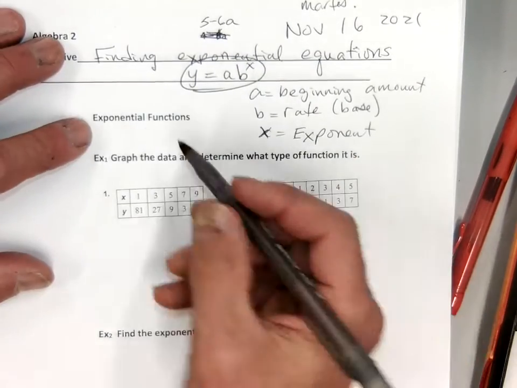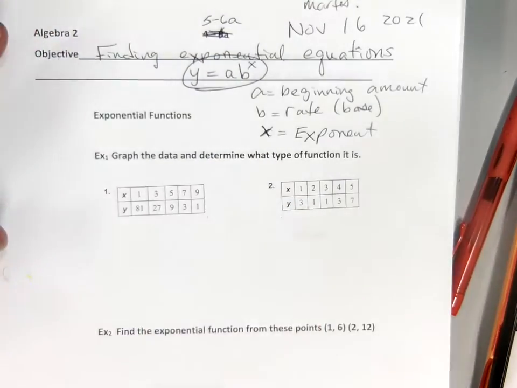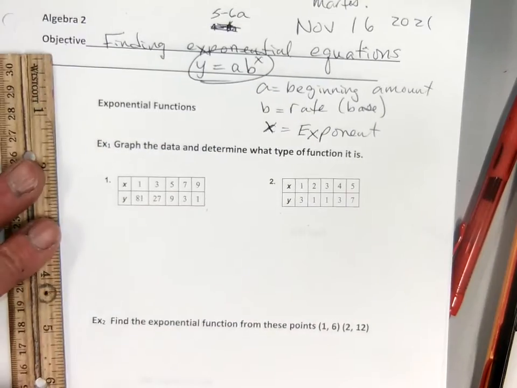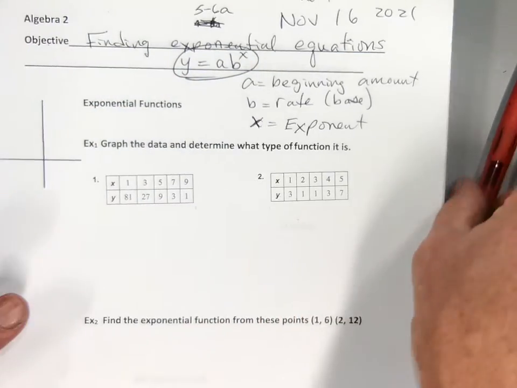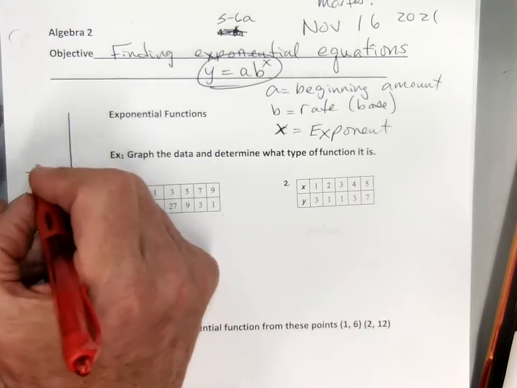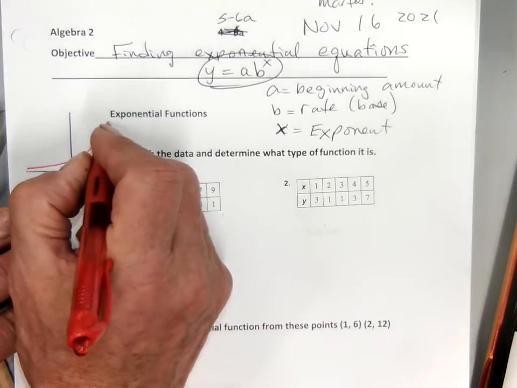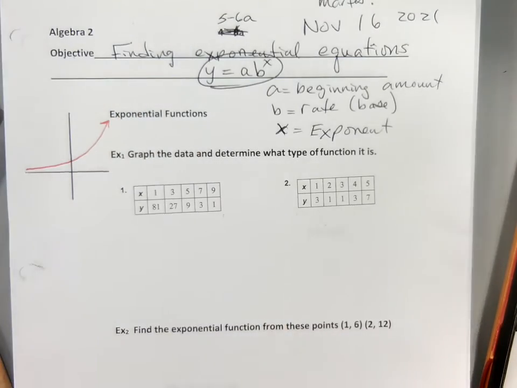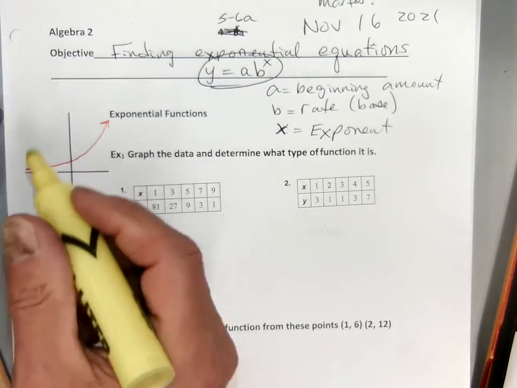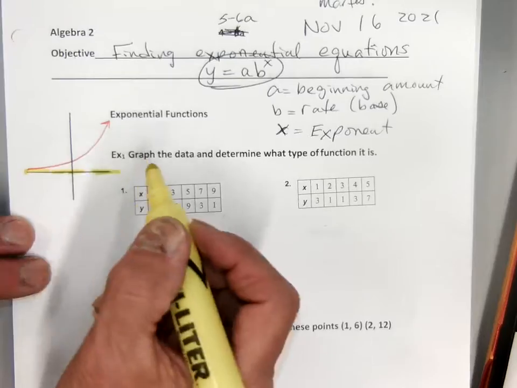Now, exponential functions, well, these are functions. We've seen the shapes of these before. Let me go ahead and draw a couple of pictures that you already know. We've seen this graph here. We've got the shape that looks kind of like a J shape. We have our asymptote in here. We've talked about the asymptote.